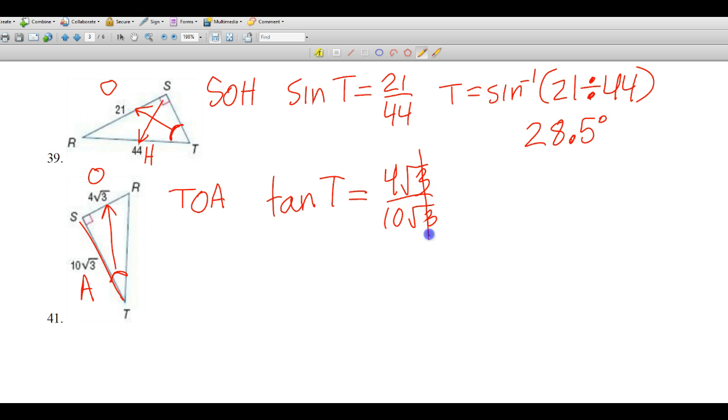And the square root of 3 cancels, so I'm going to go ahead and simplify. So the measure of angle T will be equal to the inverse tangent of 4 divided by 10, which is approximately 21.8 degrees.